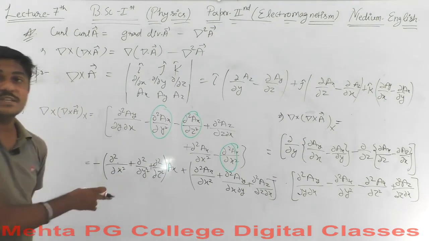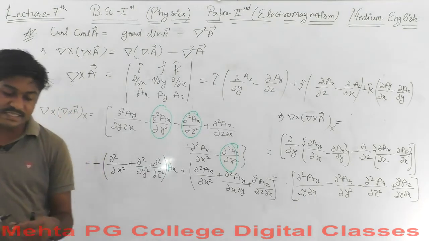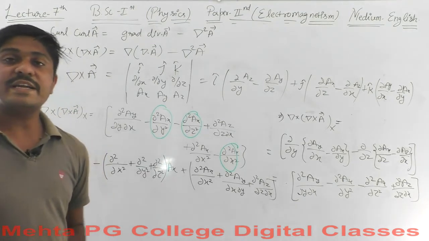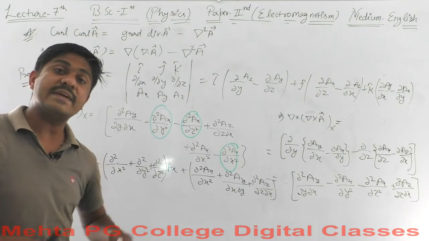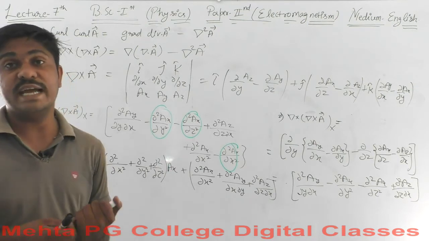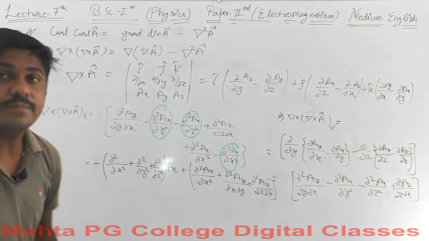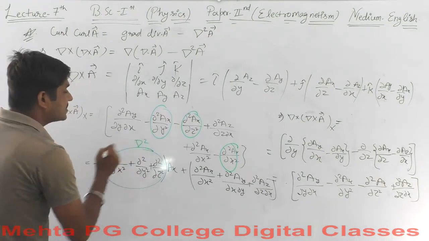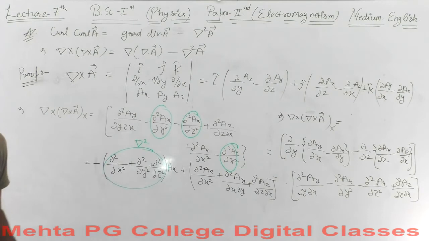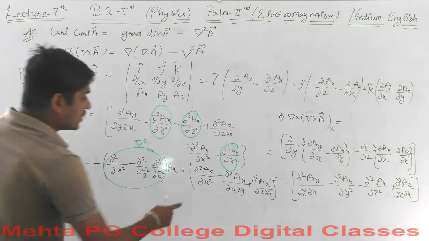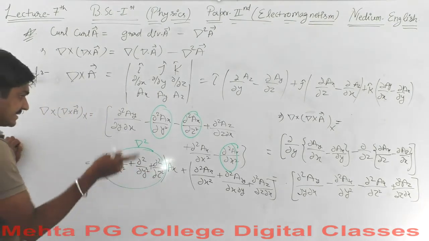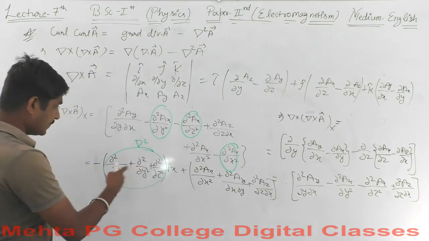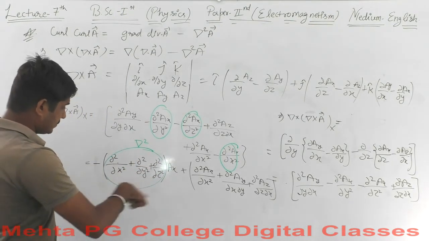If you see this, what does it appear to be? It appears as the divergence squared, del dot del. You can write it as del square. And what does this remaining quantity have? Okay, let's check it out.